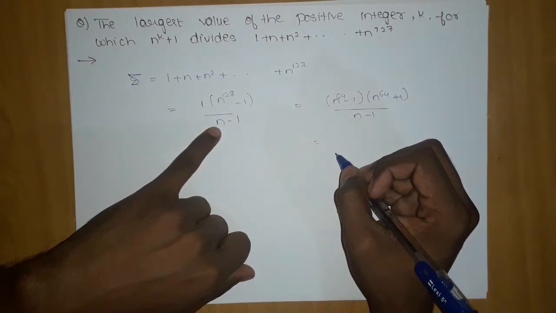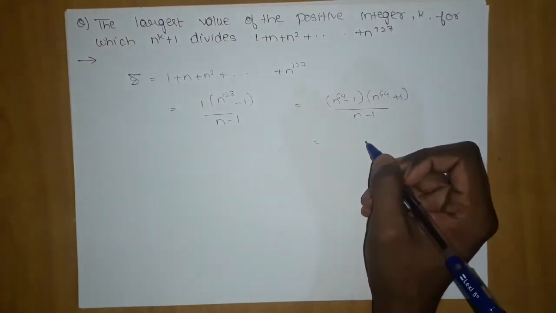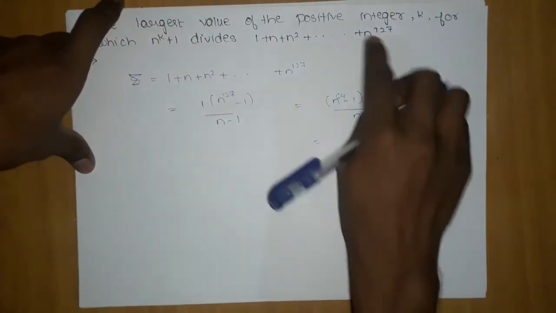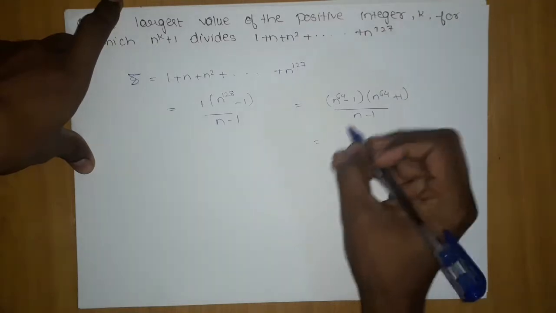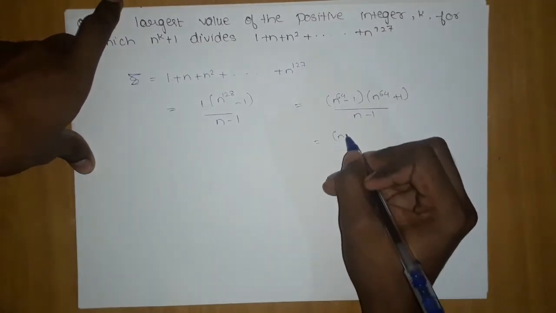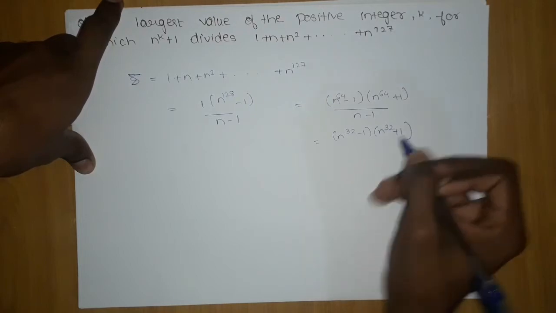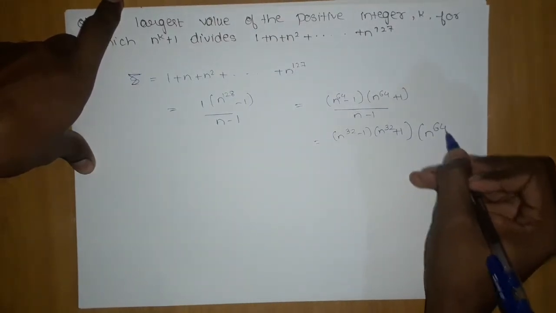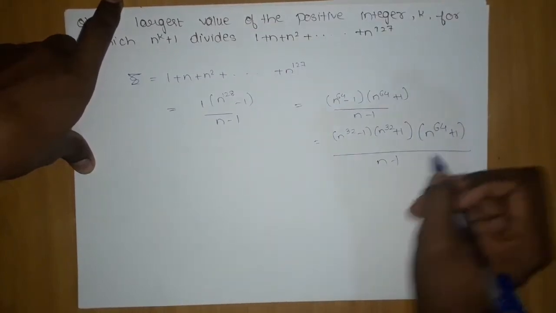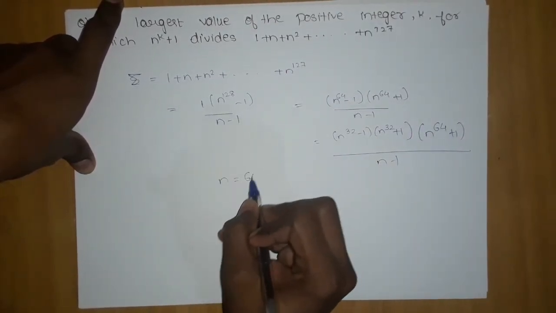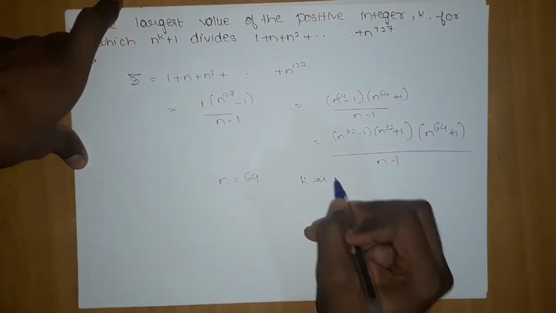It is similar to this, so this term on dividing by this has the highest common factor possible. Further on, if I do n raised to 32 minus 1, n raised to 32 plus 1, into n raised to 64 plus 1 upon n minus 1, the highest n value is n equals 64, which is nothing but k. So k is n power 64.